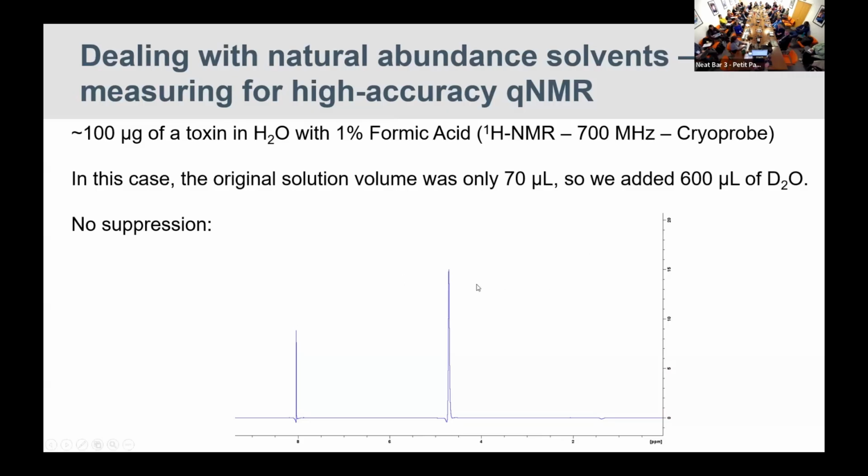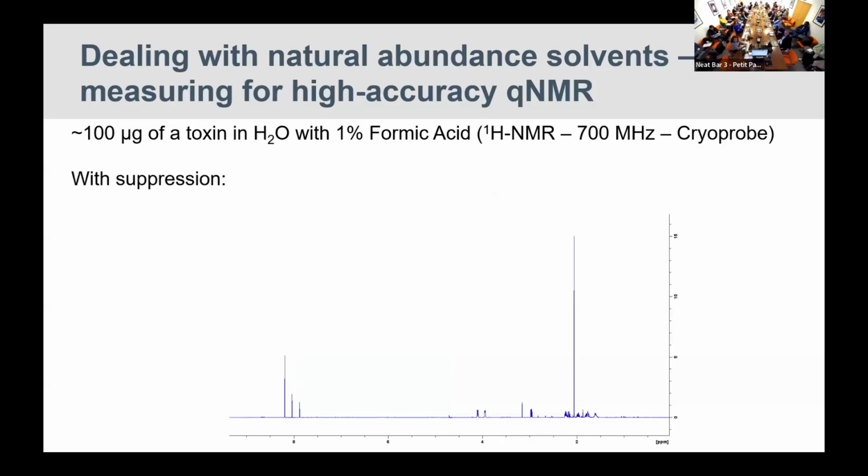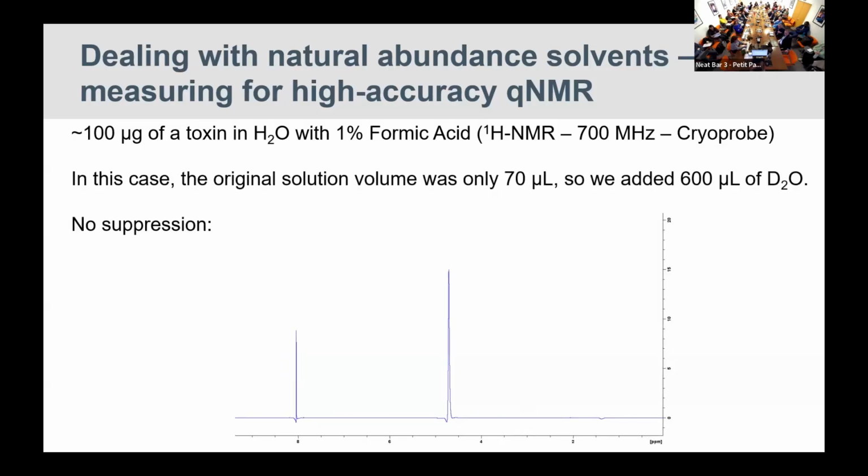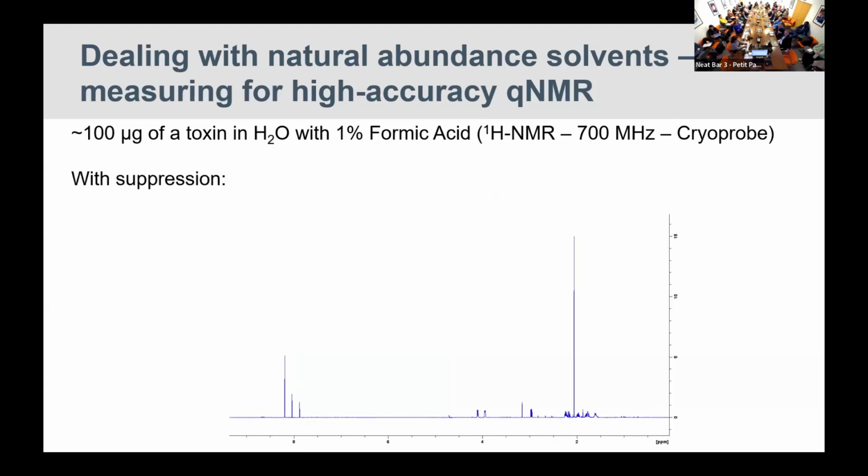So instead of just seeing one water signal, you are seeing one water and one formic acid signal. And to make things easier in this case, we only had 70 microliters of this solution, which actually, to be honest, made it easier, because then instead of adding more water, we just added D2O. So we would have less water to actually suppress.